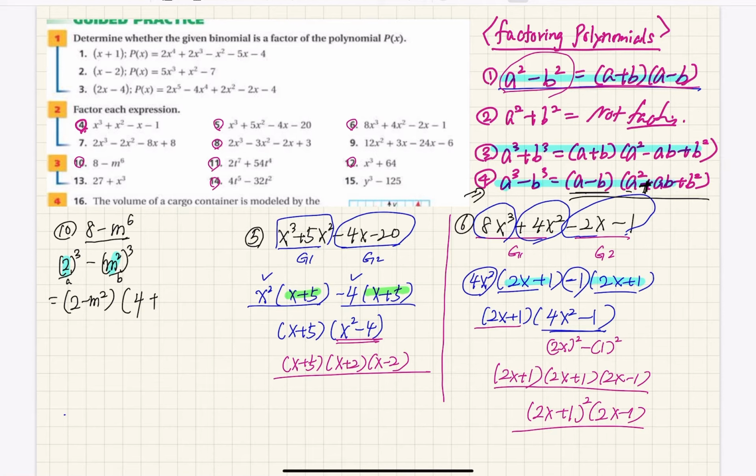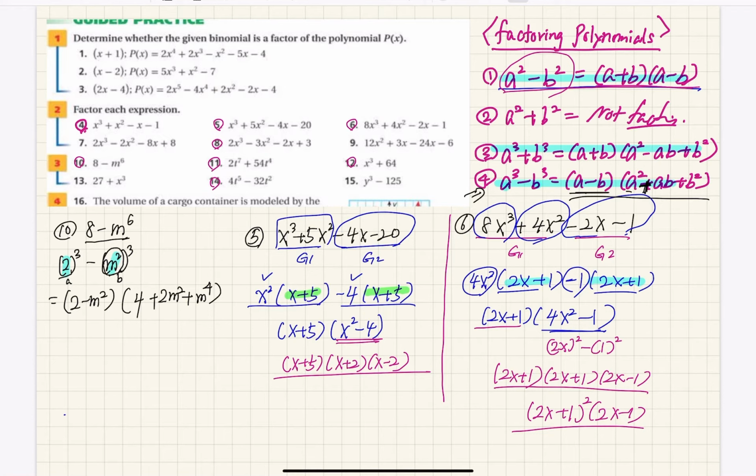And then a times b, which is 2 times m squared, 2m squared. Plus b squared, b is m squared, so m squared squared, m to the 4th power. So number 10, the answer is parenthesis 2 minus m squared times parenthesis 4 plus 2m squared plus m to the 4th power.